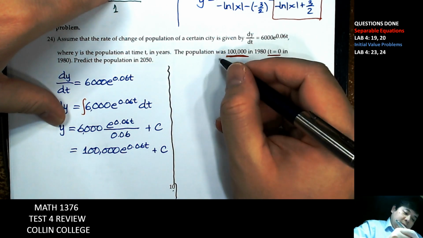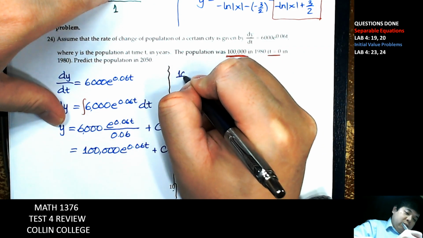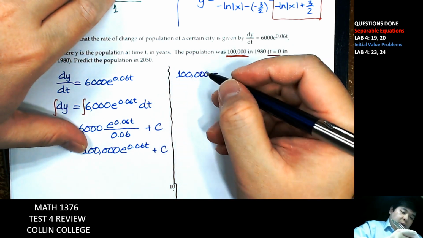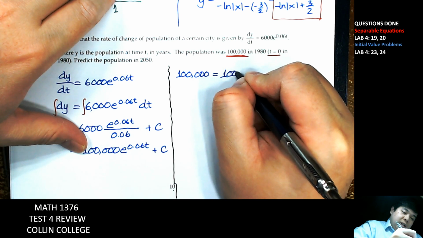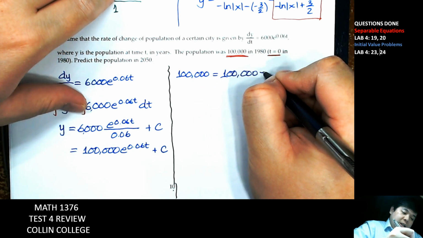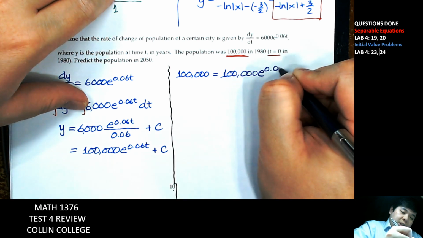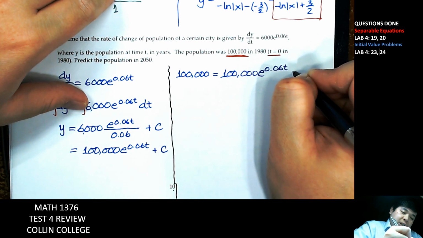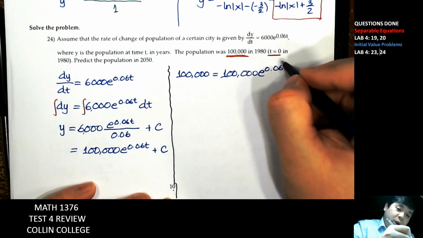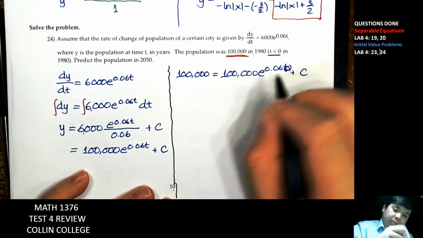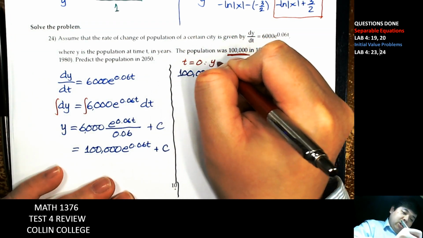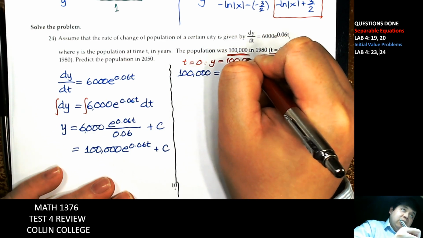So the population 100,000 equals 100,000 e to the 0.06t plus c, where t equals 0.